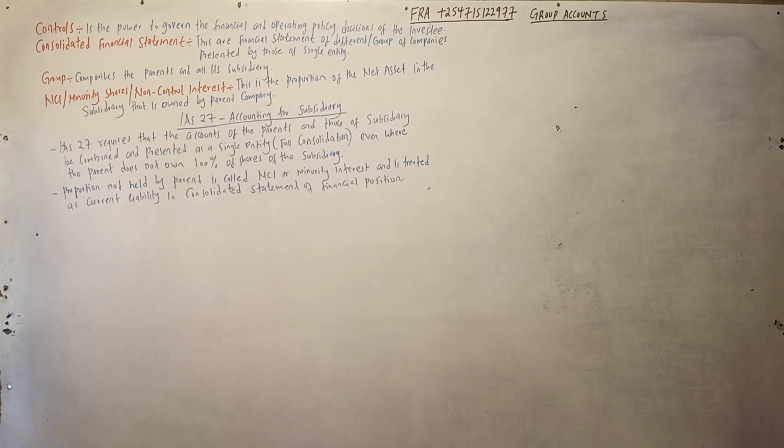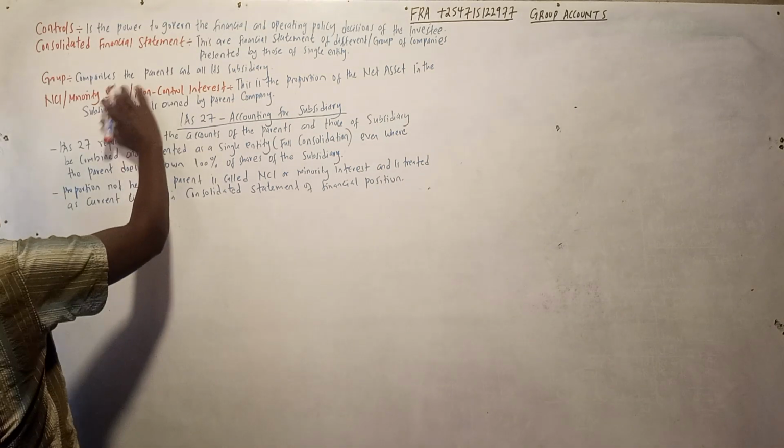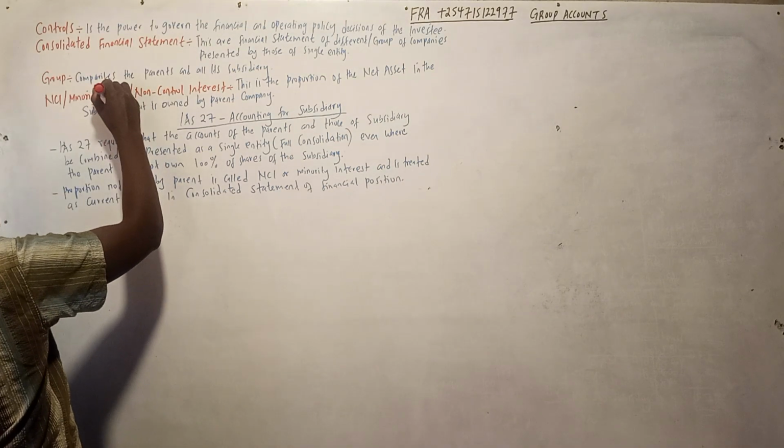Then you have the group, which comprises the parent company and all its subsidiaries. Then you have the NCI, or the minority interest.